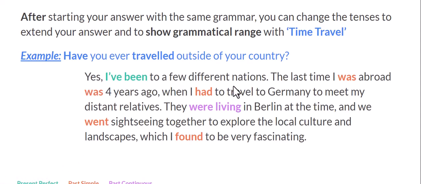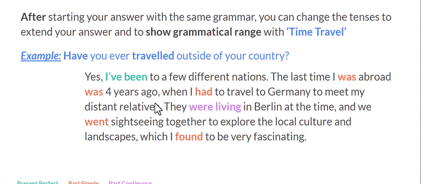Yes, I've been to a few different nations, and full stop here. So the first sentence is related to the present perfect. And then we move on to use the past simple. As you can see here, the last time I was abroad was 4 years ago. As you can see, we change the tense from the present perfect to the past simple. And then we continue our sentence: when I had to travel to Germany to meet my distant relatives.